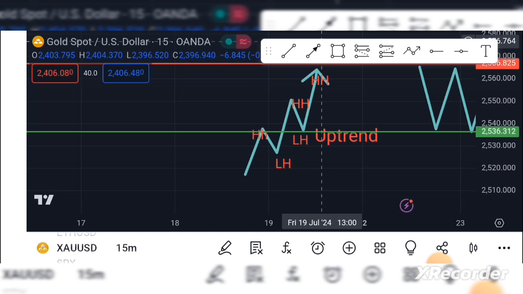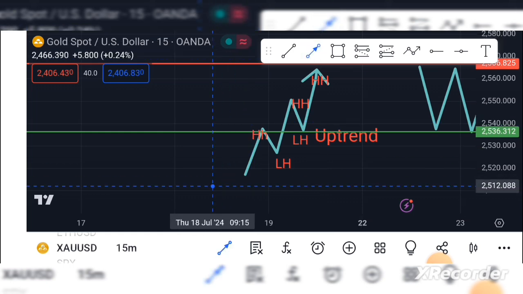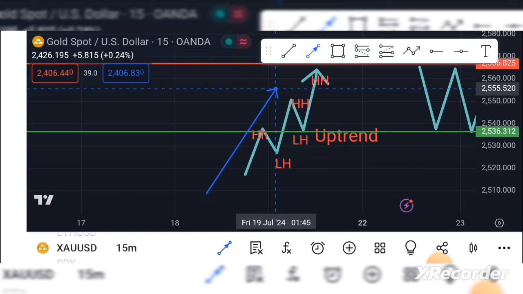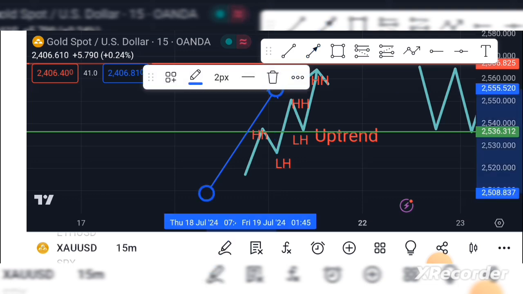I know some people will be a little bit confused, saying an uptrend is just something that goes straight up. This is an example of an uptrend, but the market doesn't work like this. The market has to balance.